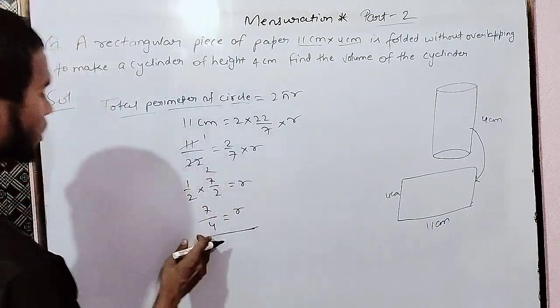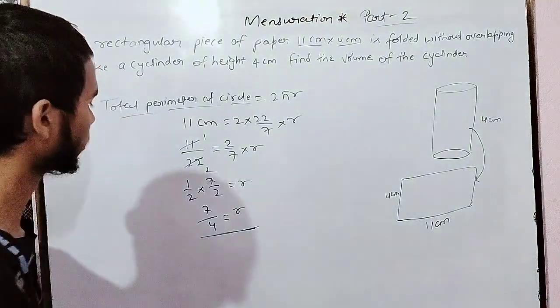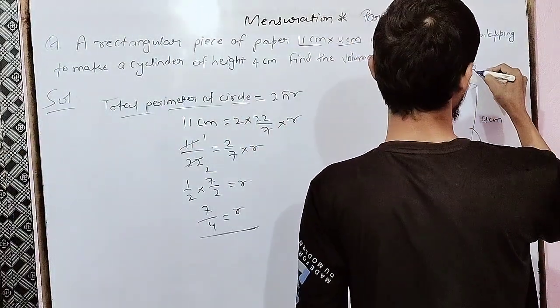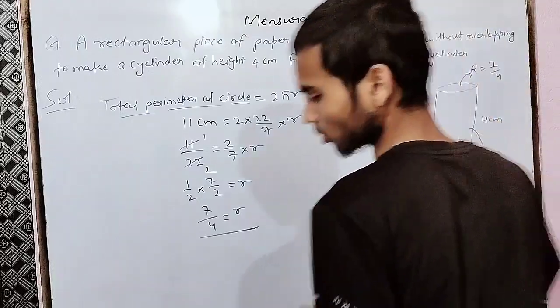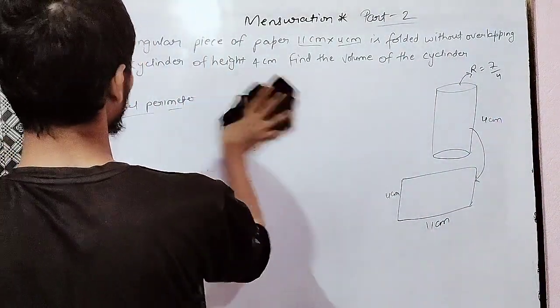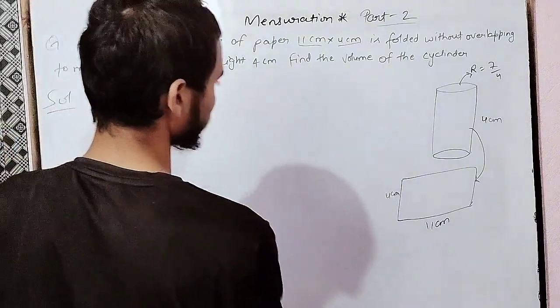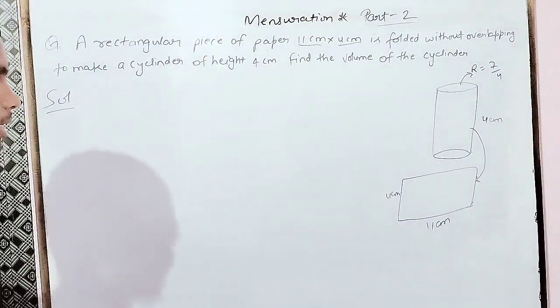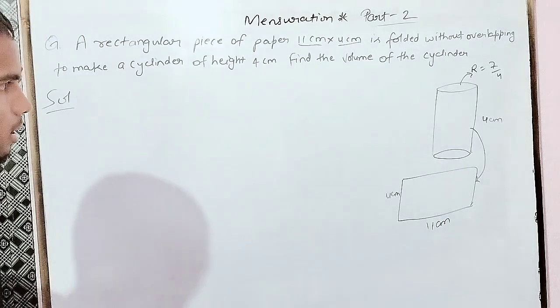Got it? Radius is 7 upon 4. Height is there, radius is there.